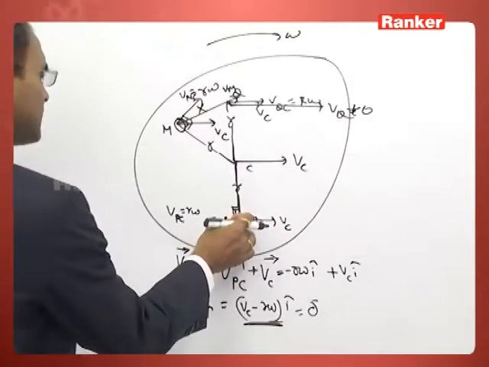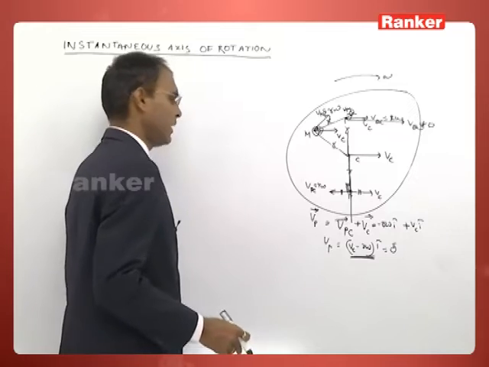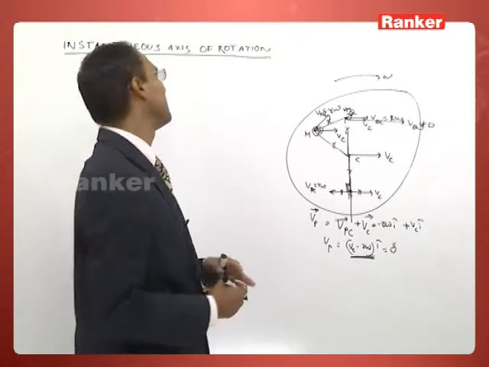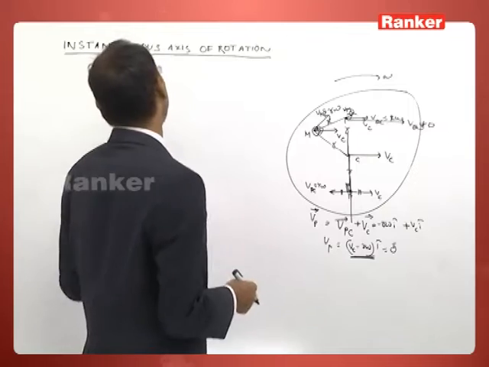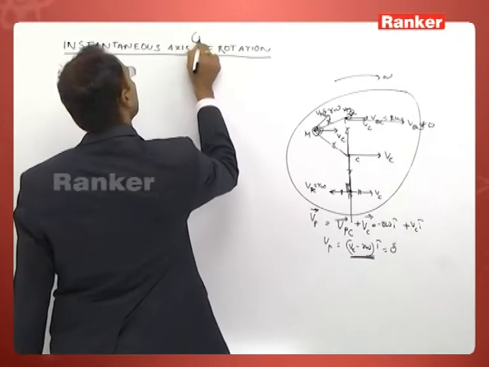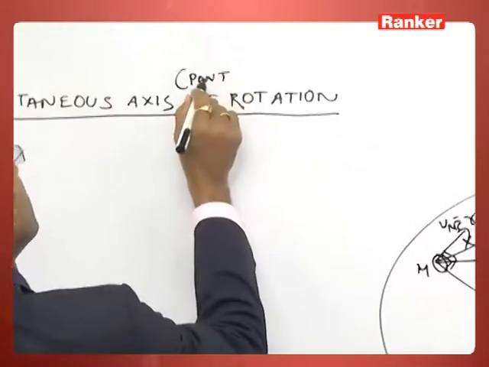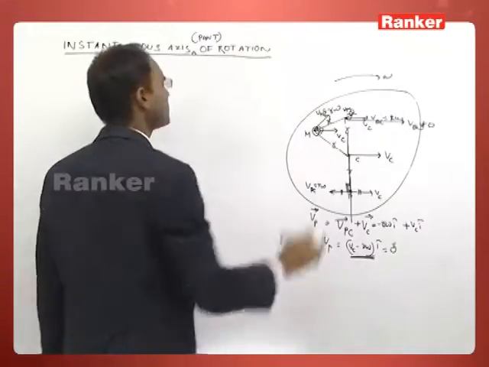This point may lie inside the body or it may lie outside the body, and that point is called instantaneous point of rotation or instantaneous axis of rotation.